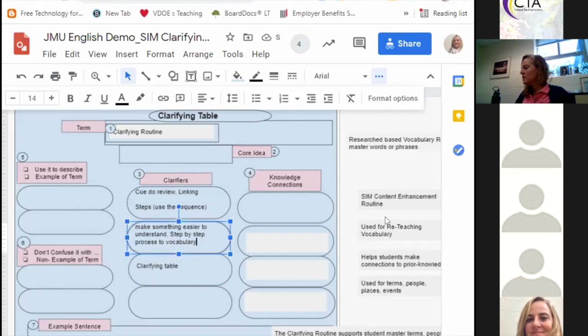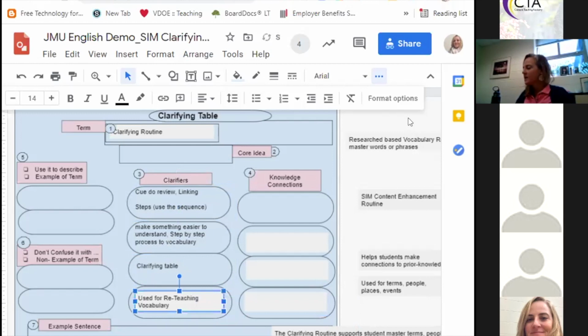All right, and one of the things I'm also going to put in here is that it is used for reteaching vocabulary. So if you see, I had some things based off of the sides, and I could have used those, or I could have used yours.